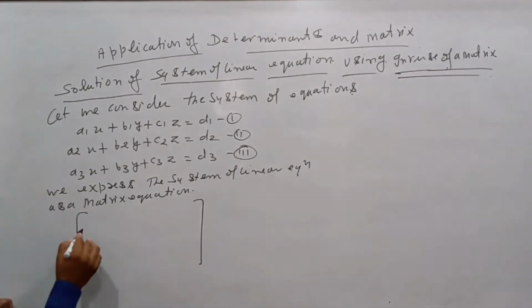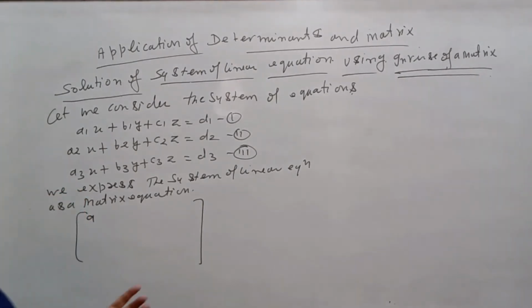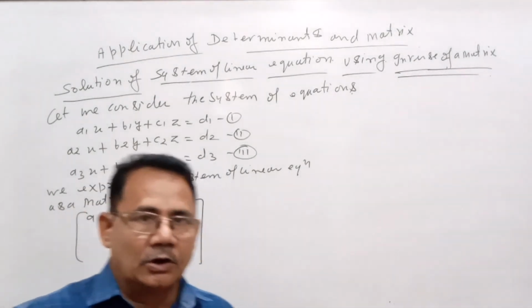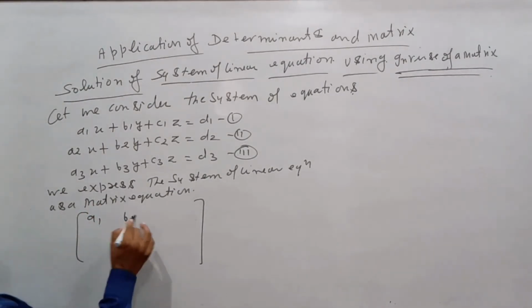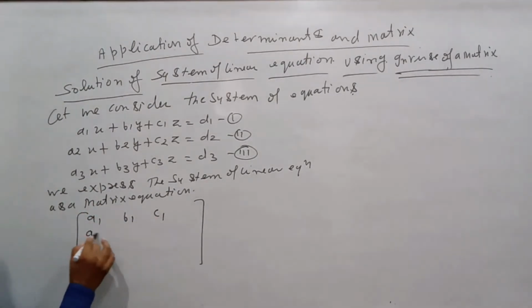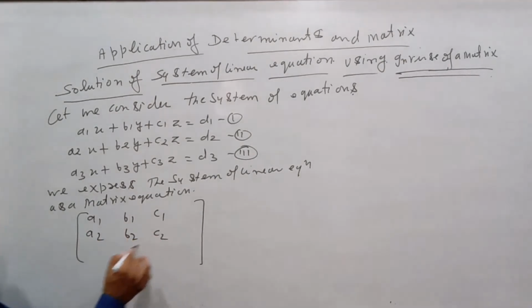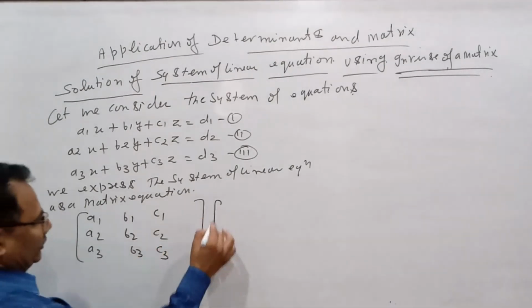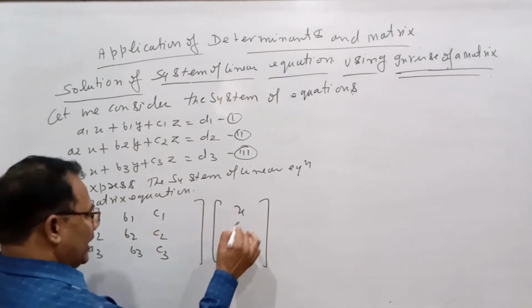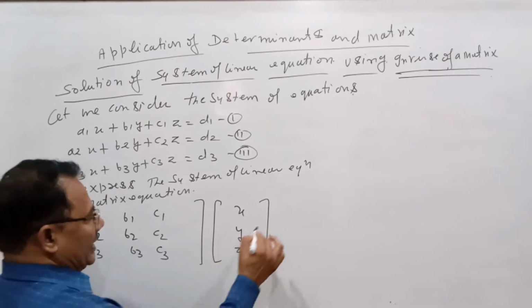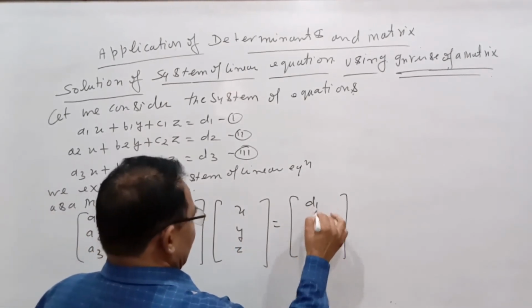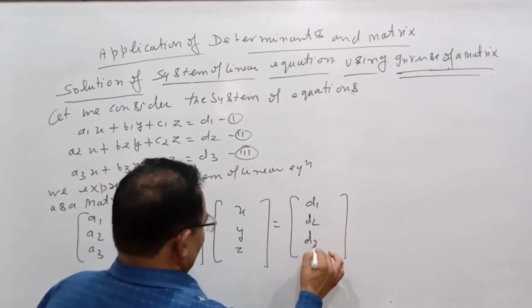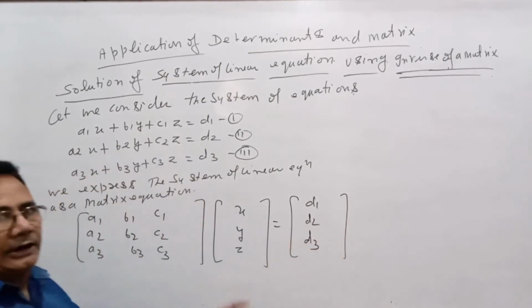We will write it like this. This is the matrix obtained by taking the coefficients of the variables x, y and z: a1, b1, c1, a2, b2, c2, a3, b3, c3. x, y, z is called the variable matrix, and this is equal to the constant matrix d1, d2 and d3.